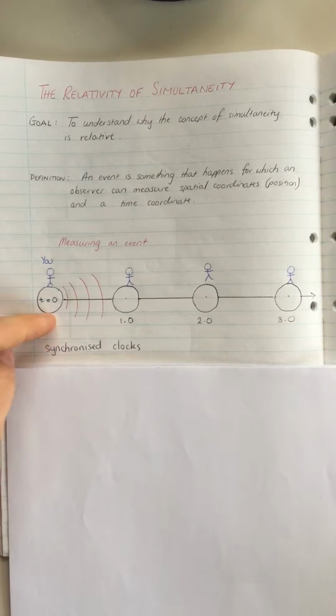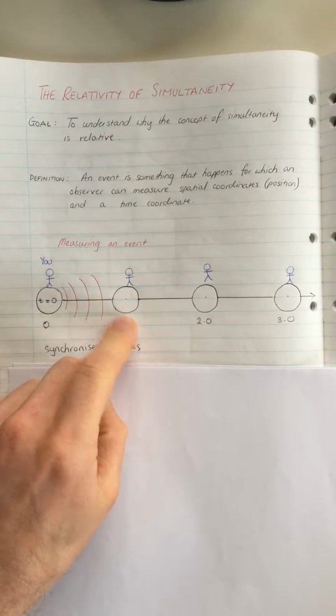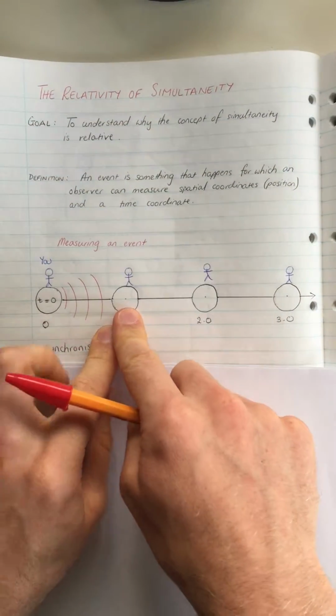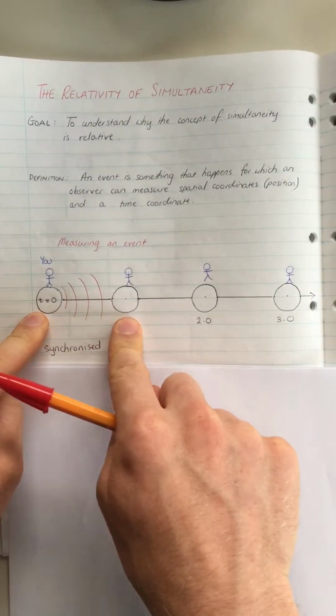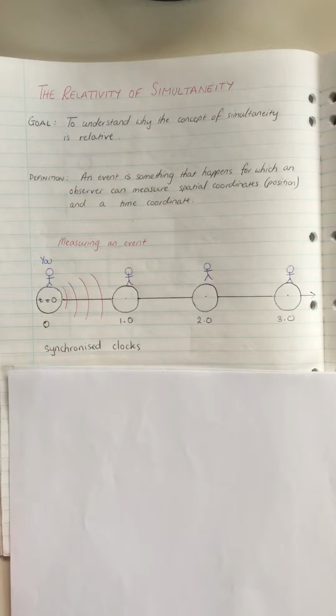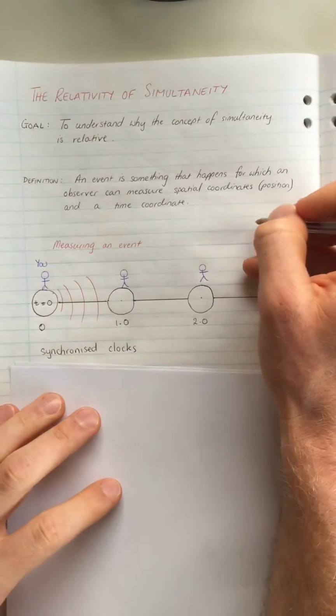So the instant that you set the clock at 0, imagine a flash of light comes out, and then this person needs to set the clock when they see that flash of light. But of course, it's taken some time, however small, for that light to get from here to here. And the amount of time is just a simple distance and time equation. So I might put this here.